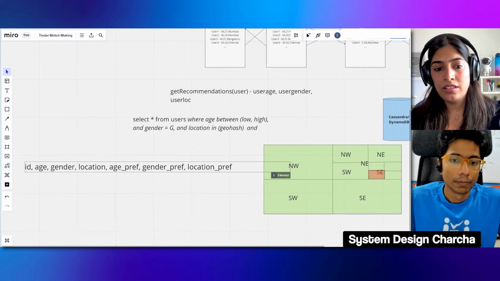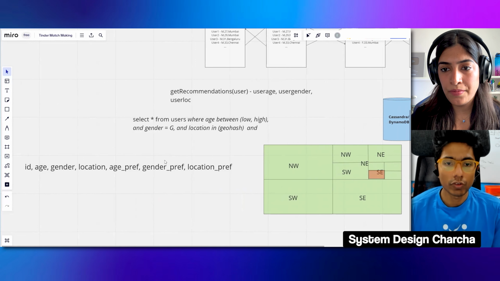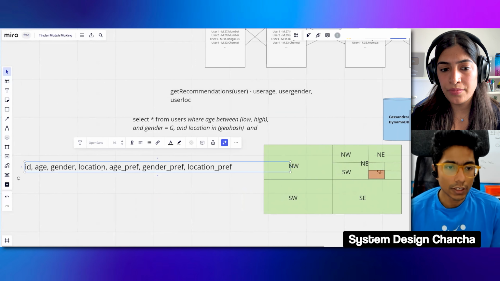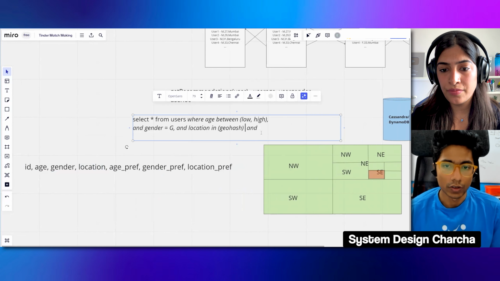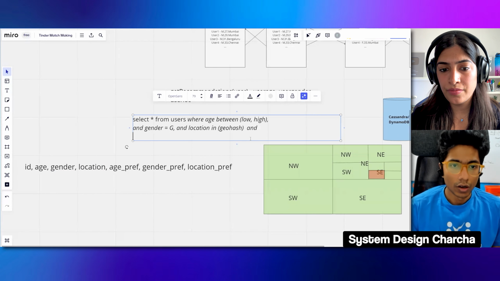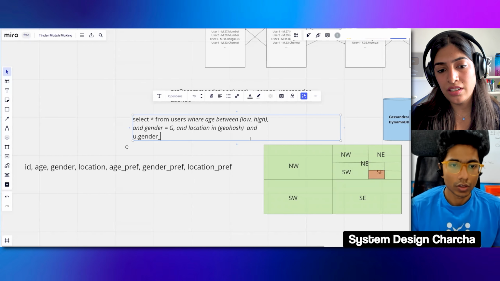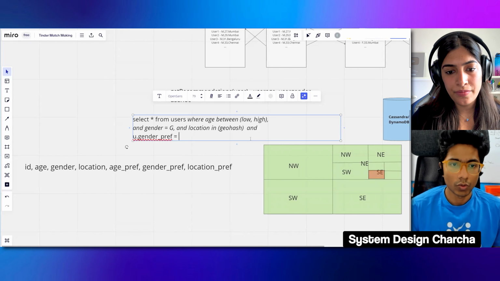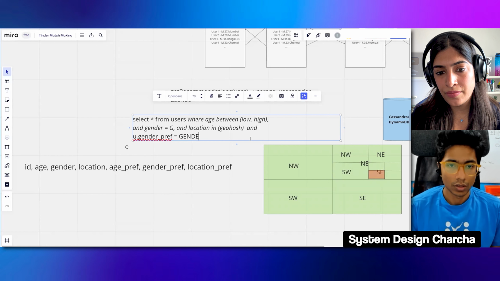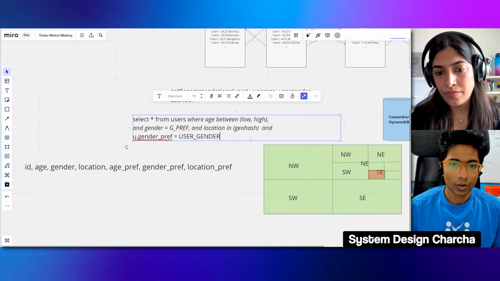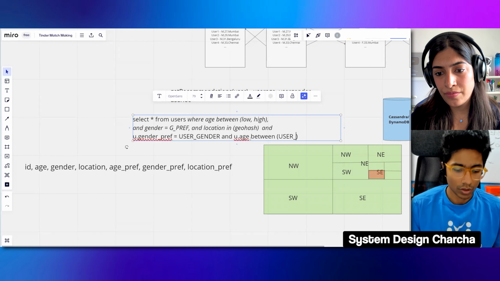Their location pref is probably going to be like 100 kilometers or 50 kilometers or 20 kilometers. And then when we are running this query, we can use these preference parameters to filter. So we have u dot user ID, is equal to this user gender, the current user who's querying, their gender, and u dot age between user age contains.